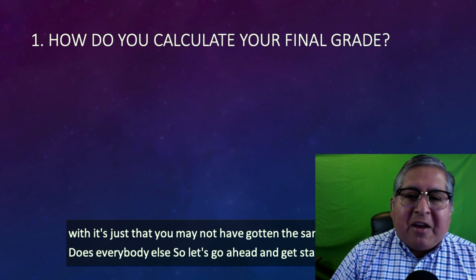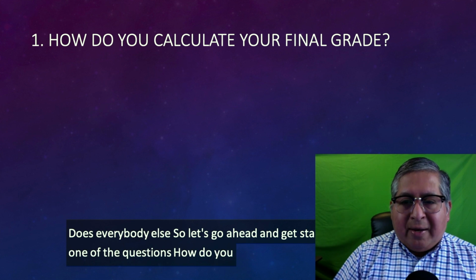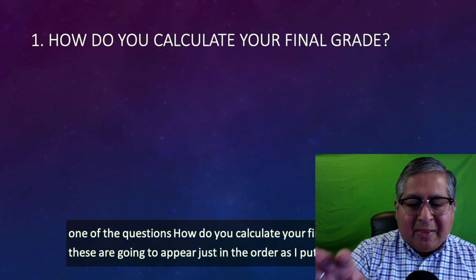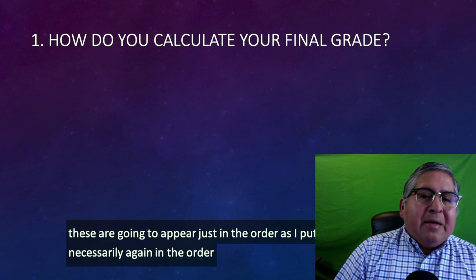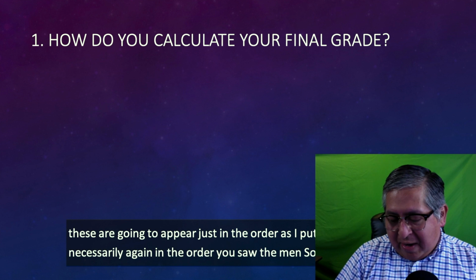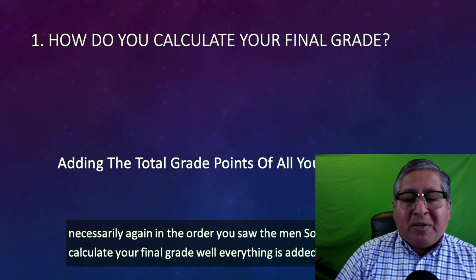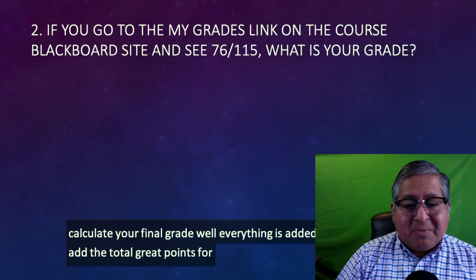So one of the questions is, how do you calculate your final grade? Now, these are going to appear just in the order as I put them in, not necessarily, again, in the order you saw them in. So how do you calculate your final grade? Well, everything is added up, so you just add the total grade points for all your assignments.